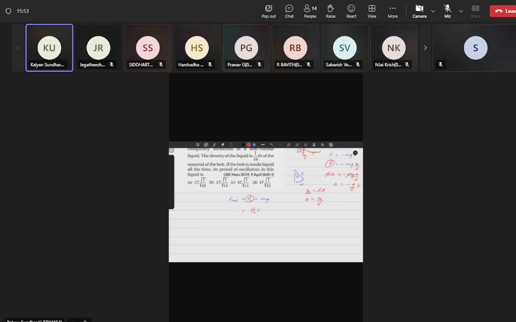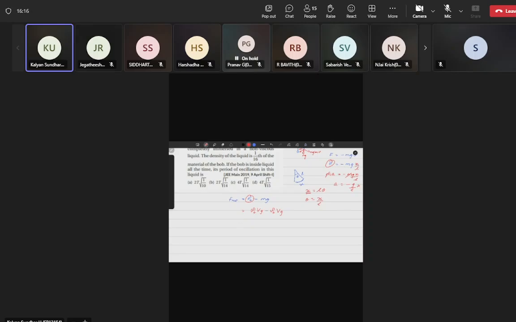So this is a simple pendulum. In air, the total setup has been immersed inside. So the total volume V into g, minus, and what about this? Mass of the pendulum. And mass is nothing but, how can I write mass? Rho into V, can I write? What is rho, sir? Rho of what this time? The bob, V into g. So this is your F net, correct?